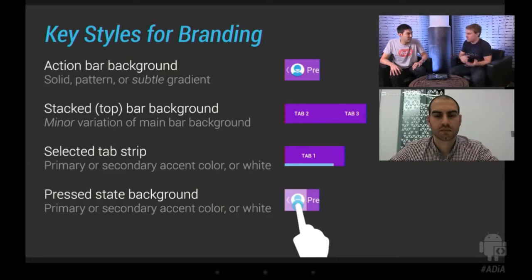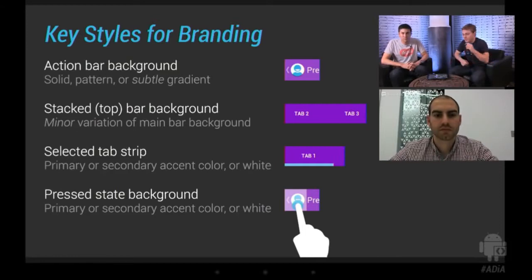You can probably make it work through some tricks here and there, but it's generally easiest if you just make a slight variation to the background for the stacked top bar. Also, the selected tab strip, that's where you can really show your brand's accent color if you have a secondary color in your palette, as well as the press state background. So that's definitely something to keep in mind.